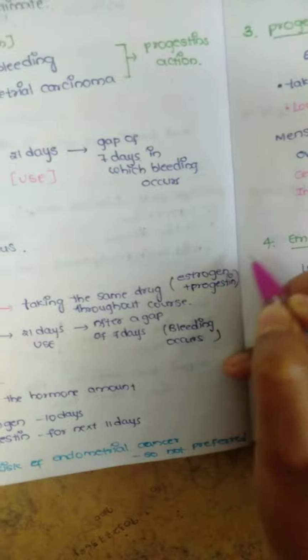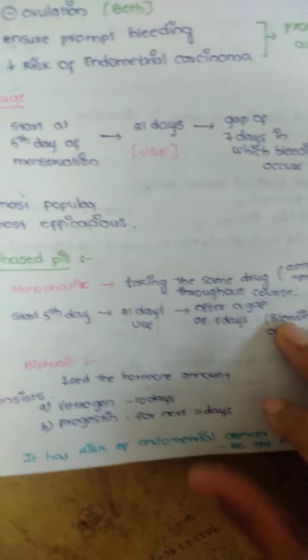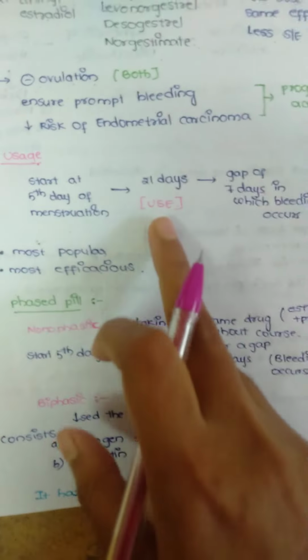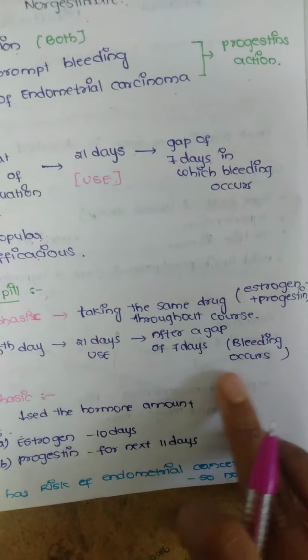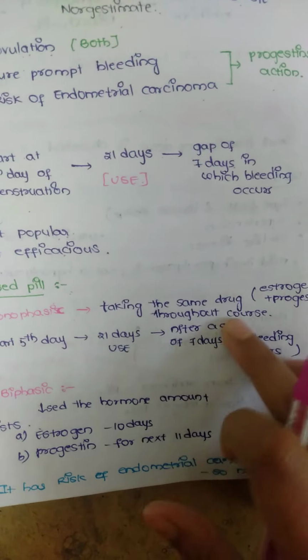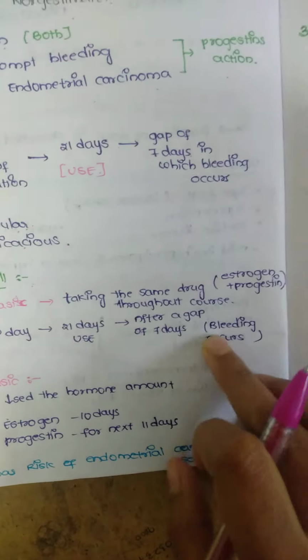What is that same drug? We maximum take estrogen and progesterone combined pills. The usage is same as combined pills. Start at 5th day, 21 days usage, and after a gap of 7 days bleeding occurs. In these 7 days when the bleeding occurs, we should not take the pill.